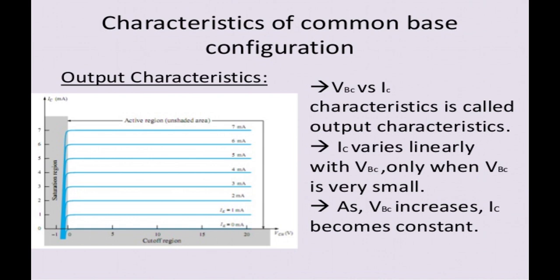Then the modes of the transistor: the active mode, saturation region, and cutoff region. In the cutoff region it acts as an open switch, in the saturation region it acts as a closed switch, and in the active region it acts as an amplifier.